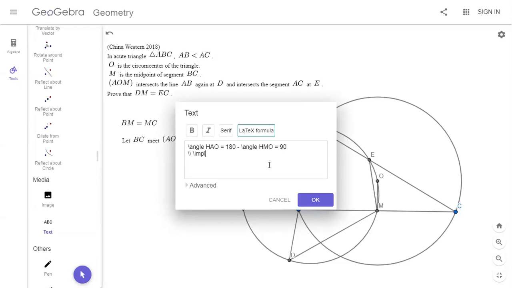That means that HA is tangent to the circle. Okay.